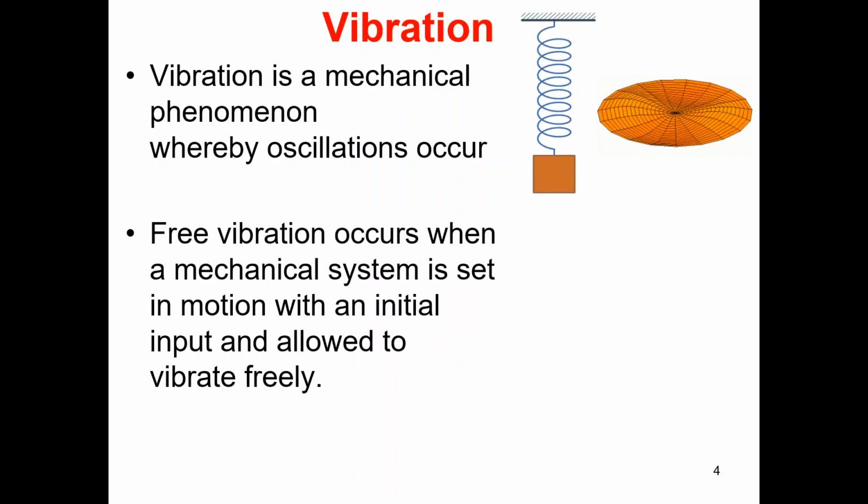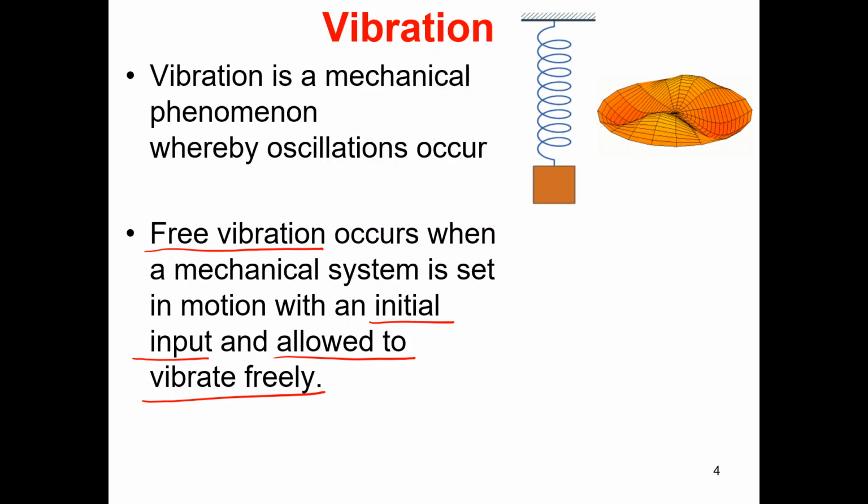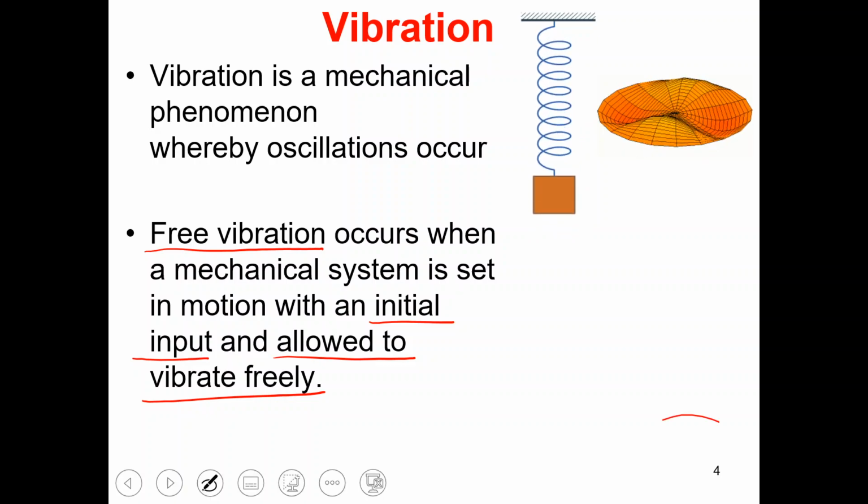Okay. Free vibration occurs when a mechanical system is set in motion with an initial input and allowed to vibrate freely. We need to have an initial input, and your system must be allowed to vibrate freely. That's when the free vibration happens.